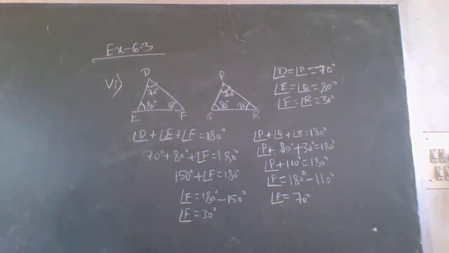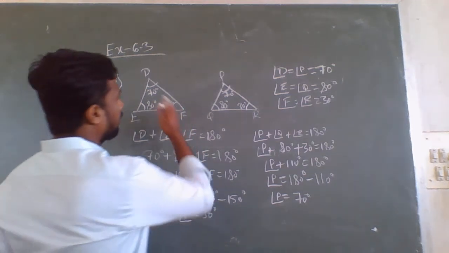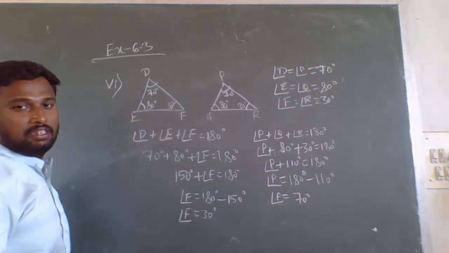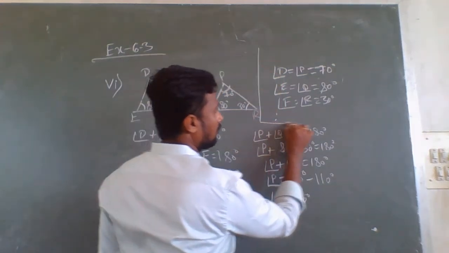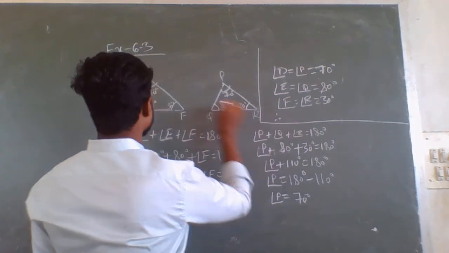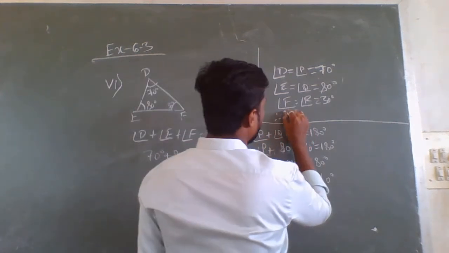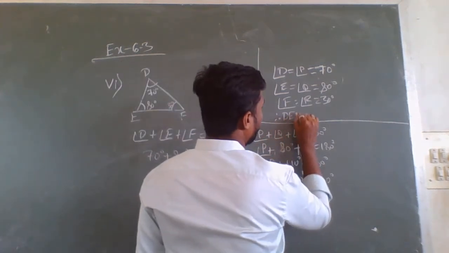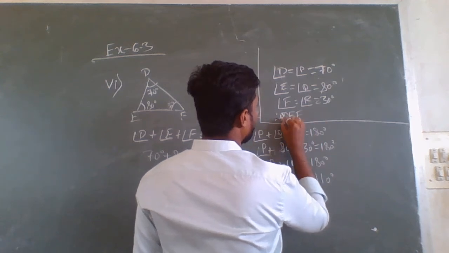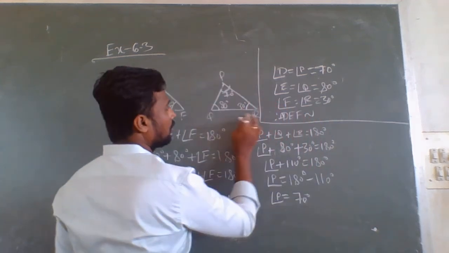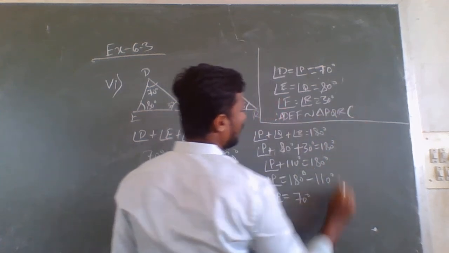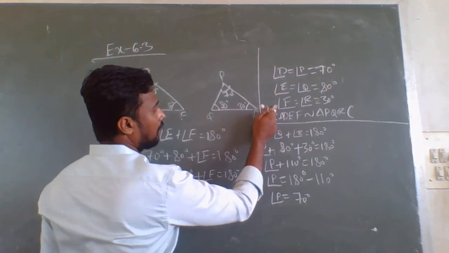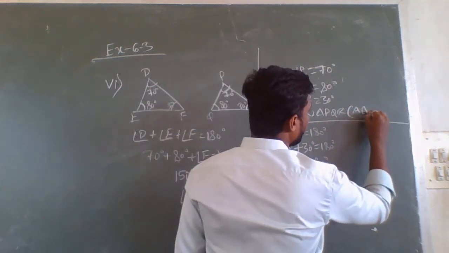So now we can write here corresponding angles are equal to each other. Therefore, we can write triangle DEF is similar to triangle PQR by AAA, angle angle angle.